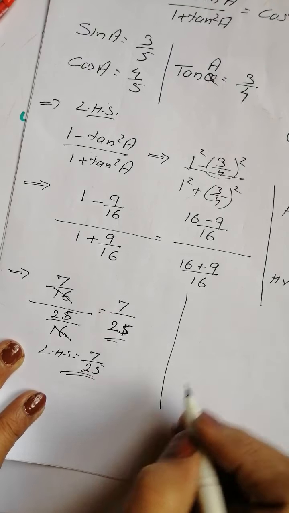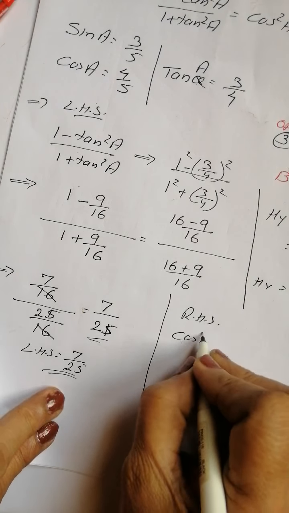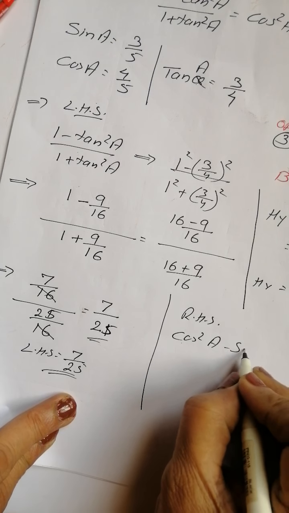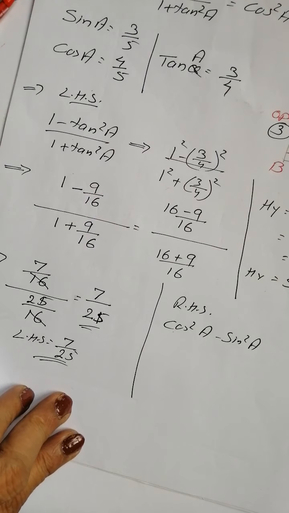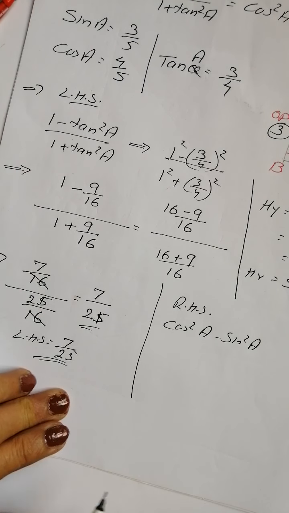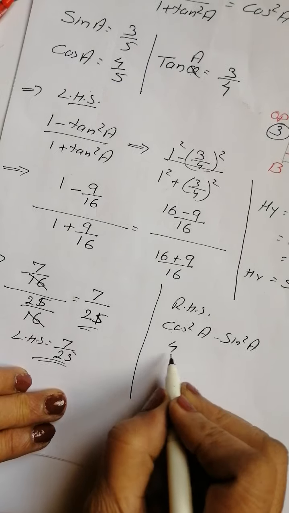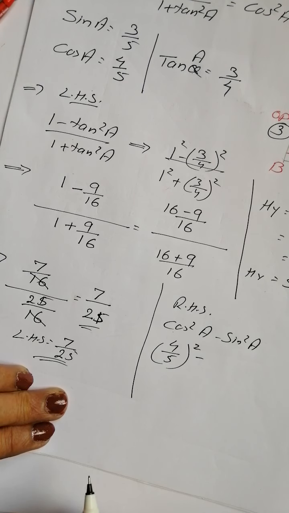Next is RHS. What is RHS here? Cos square A minus sine square A. What is cos here? Cos is 4 by 5. So you will write 4 by 5 the whole square minus, what is sine here?